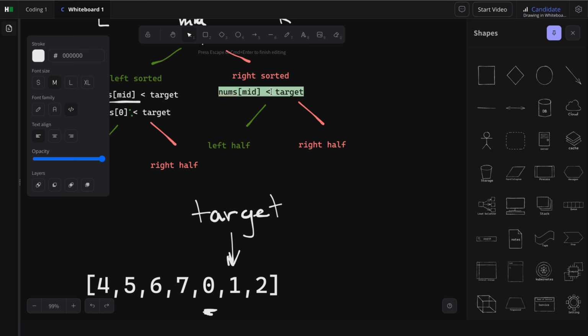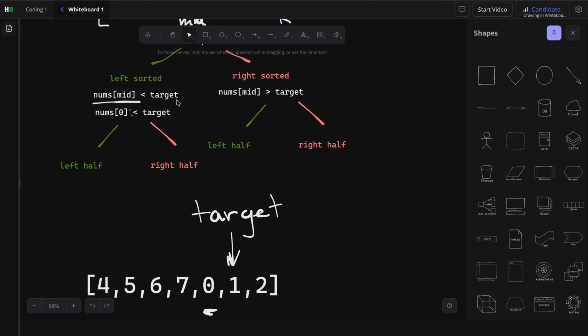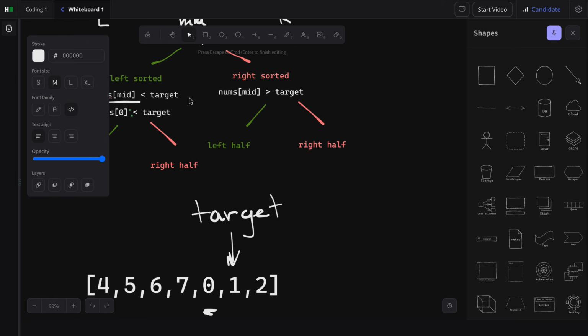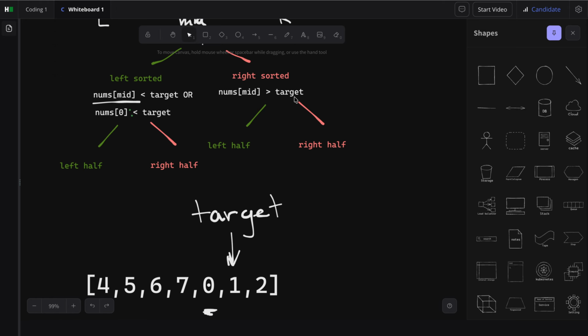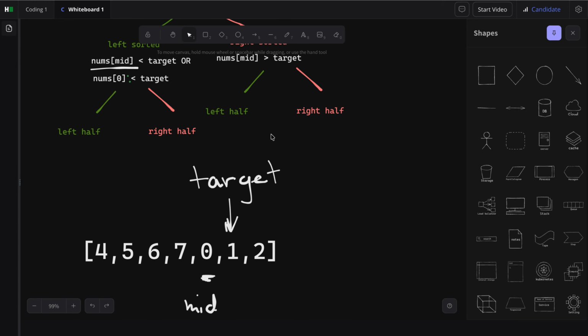So we have this, and we have, what else do we have?